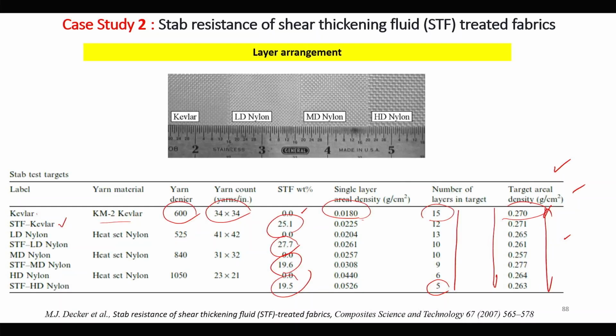And nylon yarn denier for high density nylon is 1050. So, it is very thick and coarser, and we have higher single layer linear density, which is why the number of layers is reduced, to keep almost the same targeted areal density.